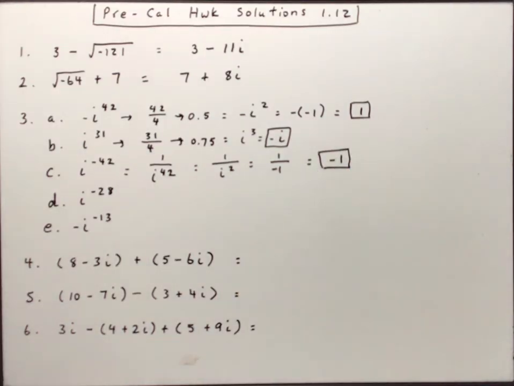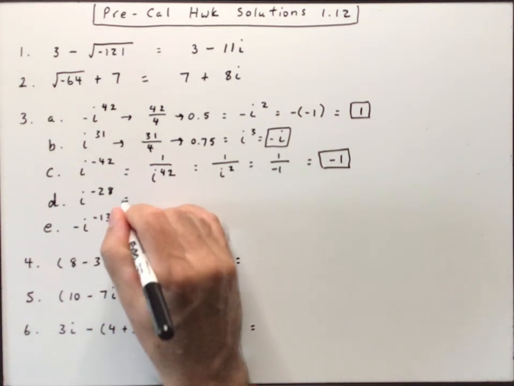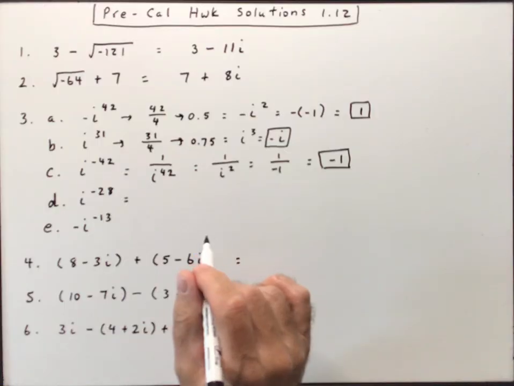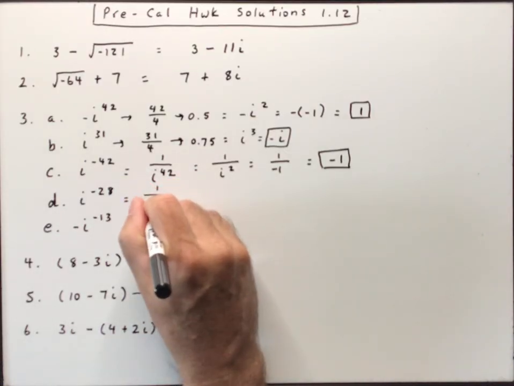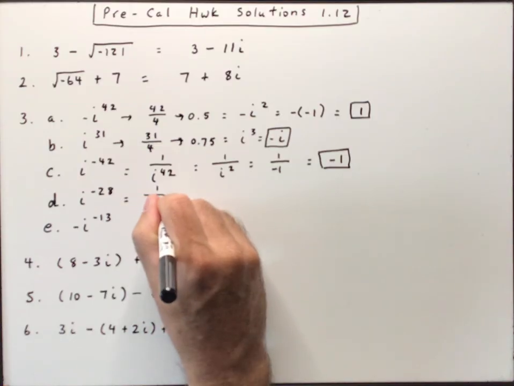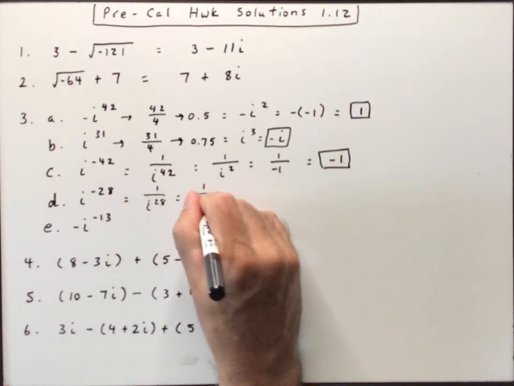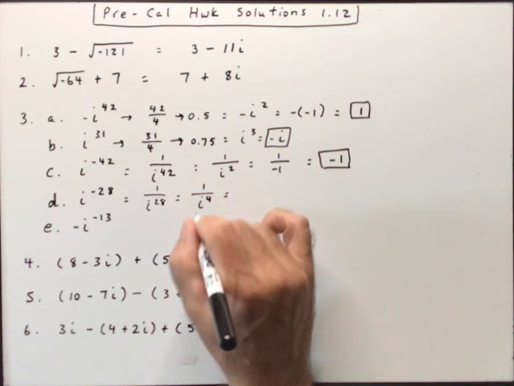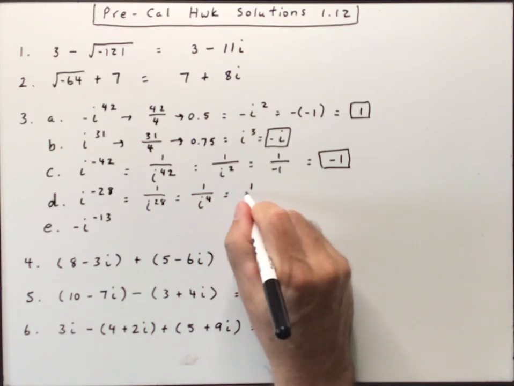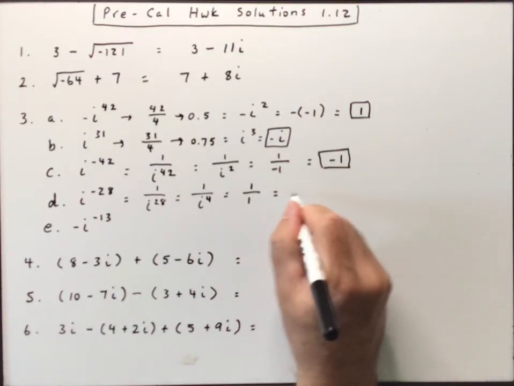All right, so i to the negative 28. 28 over 4 is going to be an even number, so this would be 1 over i to the positive 28th. And if it's even, it's the same as 1 over i to the 4th. One thing you have to memorize is that i to the 4th is the same as 1. So that's 1 over 1, which is 1.